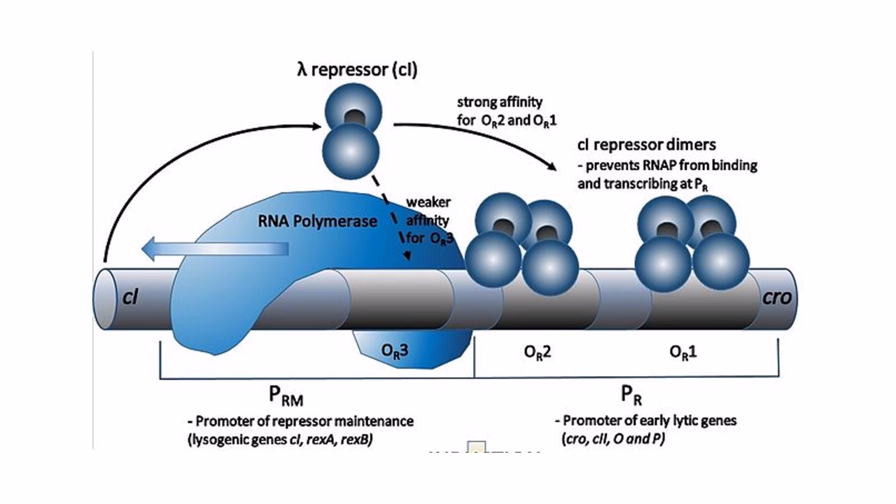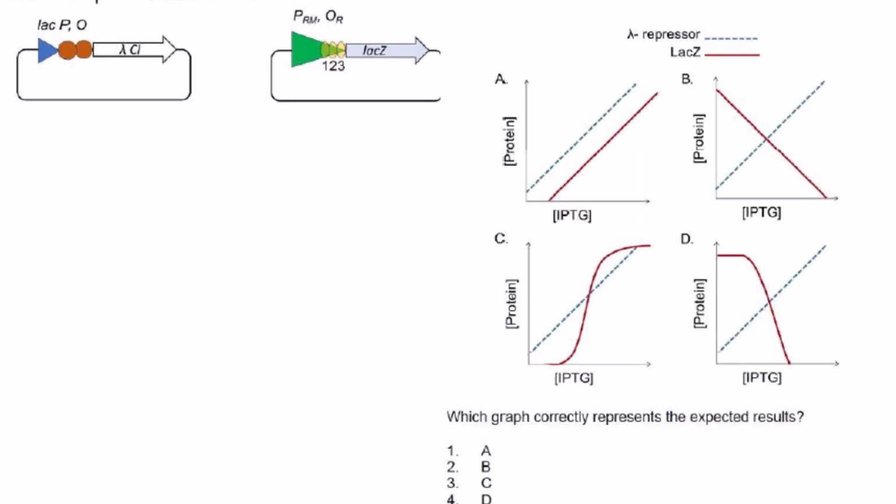Now what is it with your IPTG? Now IPTG binds to the lac repressor. Okay, so this is IPTG, it will bind to the lac repressor protein which is bound to the operator.